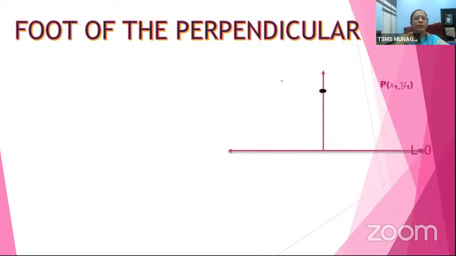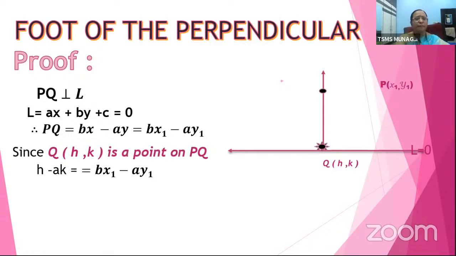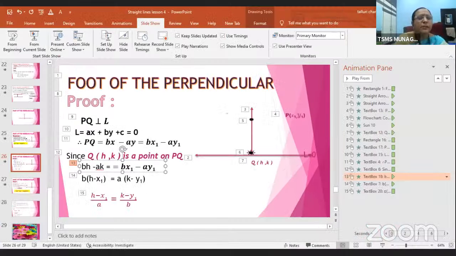Also, how do we go with the proof? If PQ is perpendicular to L, then PQ will take the form Bx − Ay = Bx1 − Ay1. Now, because (h, k) is a point on this particular straight line, we have Bh − Ak = Bx1 − Ay1.